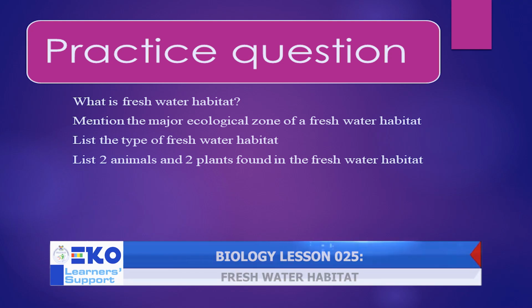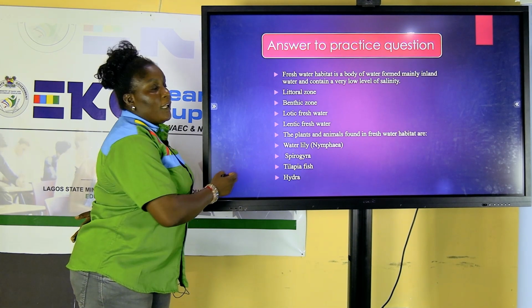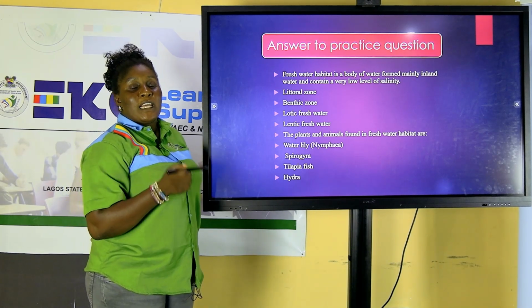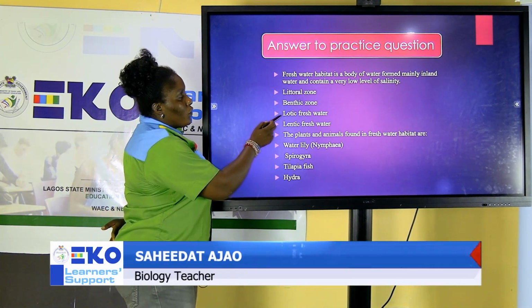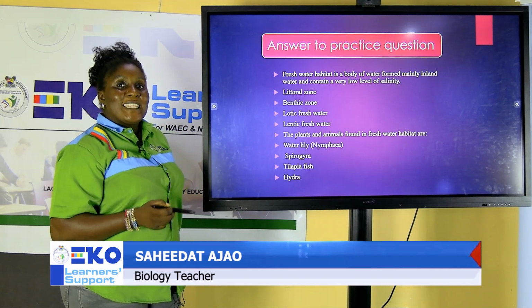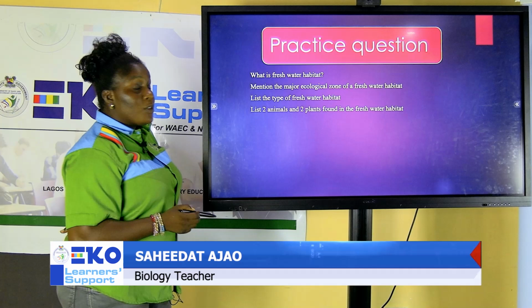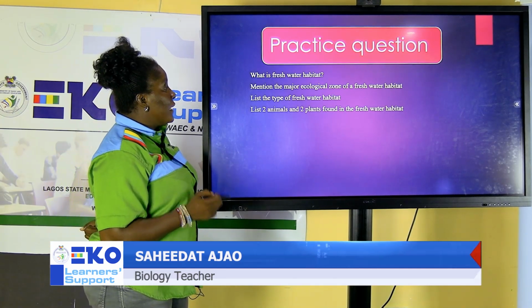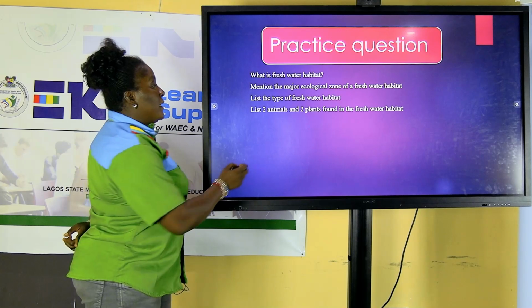So the other question says, list the types of freshwater habitat. I told you earlier that freshwater habitats can be classified based on their mobility. It's divided into 2. We have the lotic and the lentic freshwater. The last question says, list 2 animals and 2 plants found in freshwater habitats.